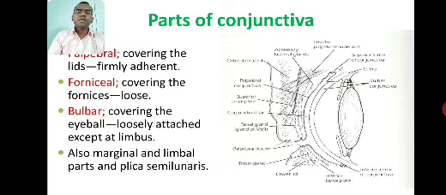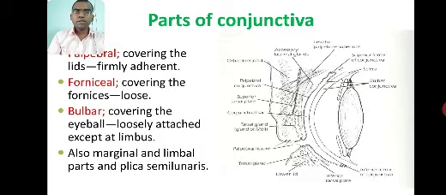There are two main types of conjunctiva: palpebral conjunctiva and bulbar conjunctiva. The palpebral conjunctiva can be divided into three parts. The conjunctiva at the eyelid margin is called the marginal conjunctiva.